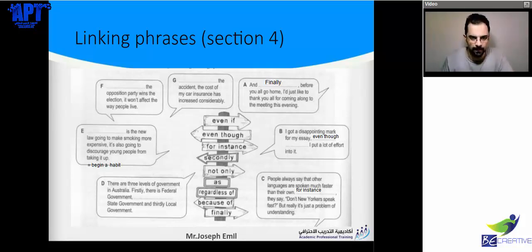For instance. The next one, there are 3 levels of government in Australia. Firstly, there is federal government. By the way, a federal government is a government that is concerned with the entire country, okay? All of Australia.